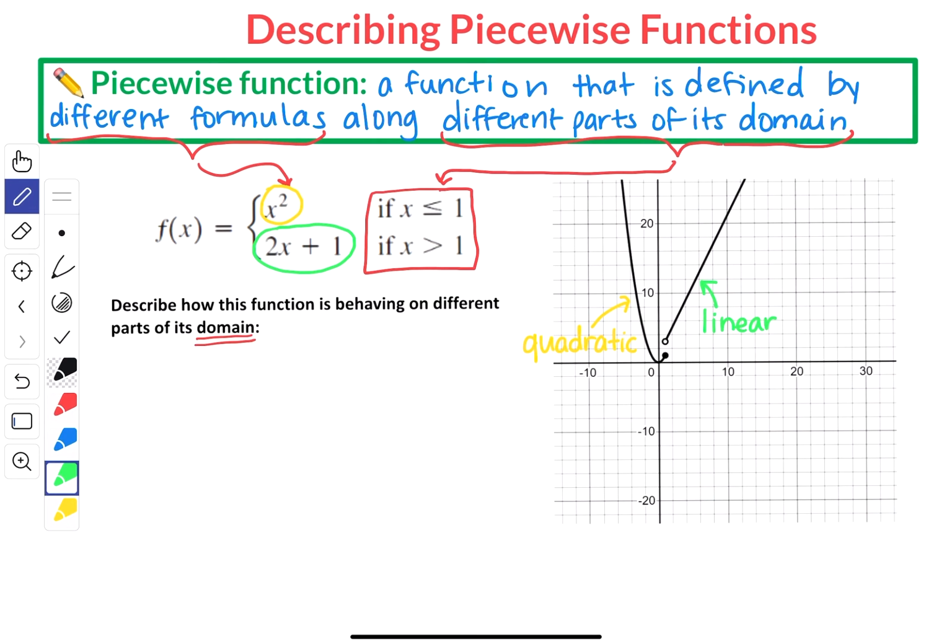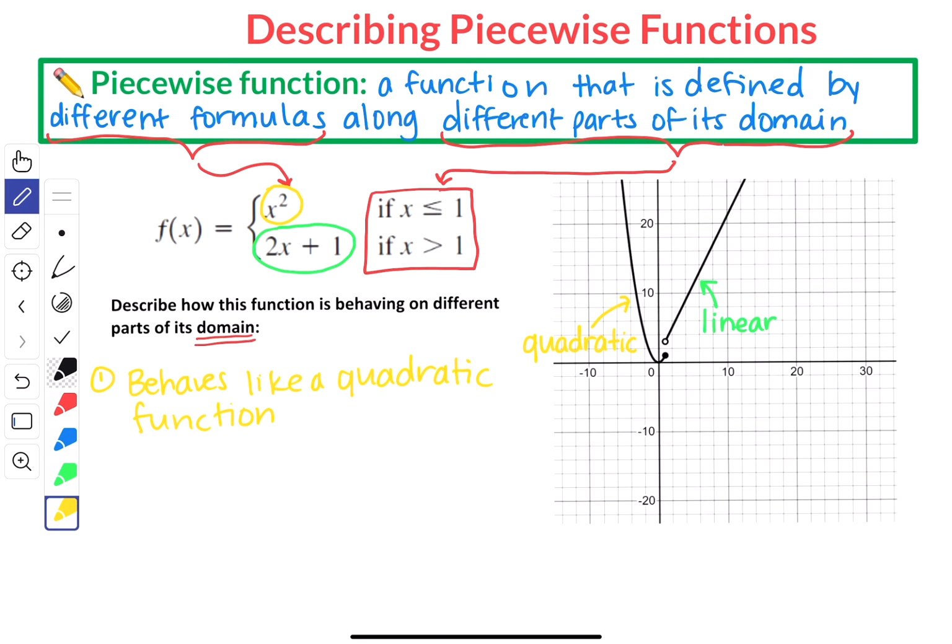So when I take a look at this, we identified this as being a quadratic function. So I'm going to start off by first saying that this graph behaves like a quadratic function. And I want to make sure that I'm explaining for what x values it's behaving like a quadratic function.